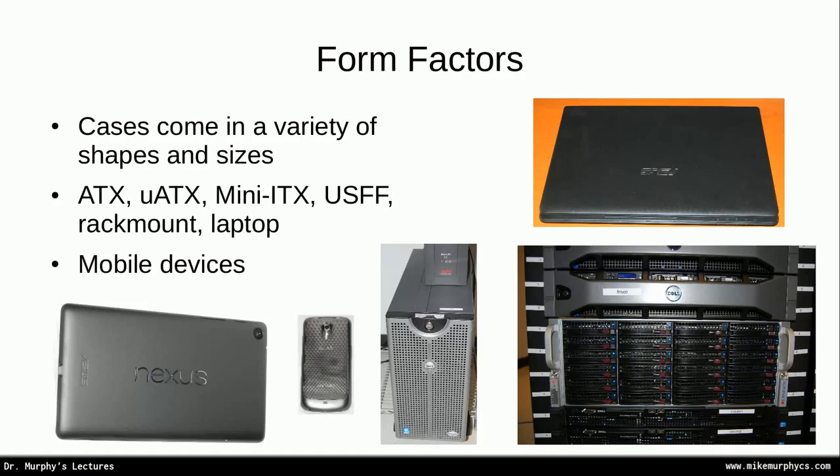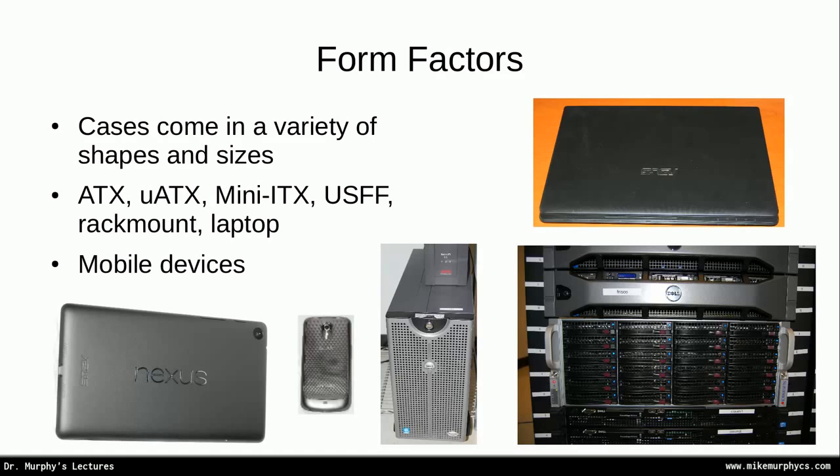Now, cases come in a variety of shapes and sizes. The general term that we use to describe the size and shape of a case is its form factor. There are a number of different form factors out there. For traditional computer systems, we normally use some variant of the ATX form factor. This would be for desktop computers. Micro ATX and then the smaller mini ITX are offshoots of the ATX form factor.